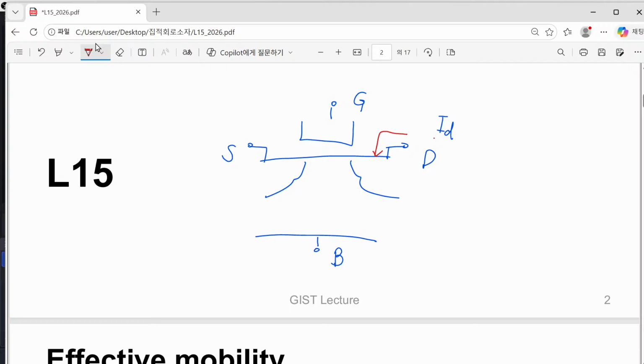We have thought about this quantity almost exclusively, and we have not thought about the gate current, the source current, or the body current.